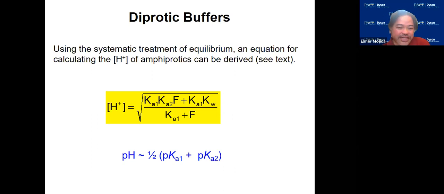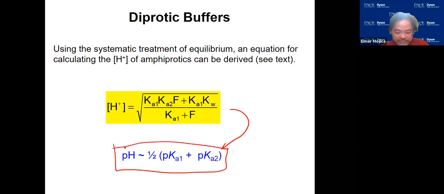But instead of doing that, we can make a simplification. Instead of using H plus equals the square root of Ka1 times Ka2 times the initial concentration plus Ka1 times Kw, over Ka1 plus the initial concentration, we can just get it like this. What does this value answer?